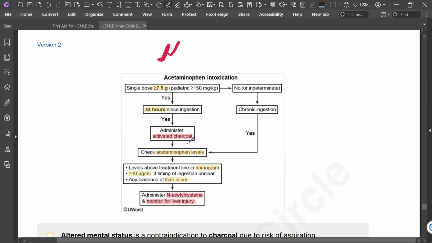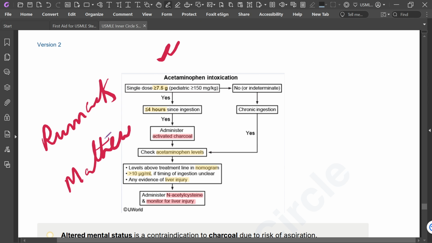Check whether levels are above the treatment line in the nomogram. This nomogram is called the Rumack-Matthew nomogram. If levels are above the treatment line, more than 10 micrograms per ml, or if timing of ingestion is unclear, or there is any evidence of liver injury, administer N-acetylcysteine and monitor liver injury.